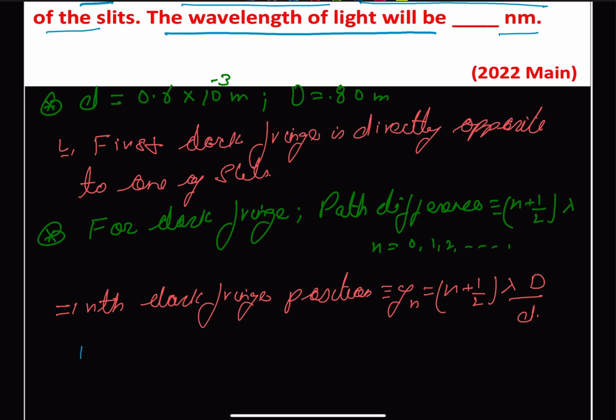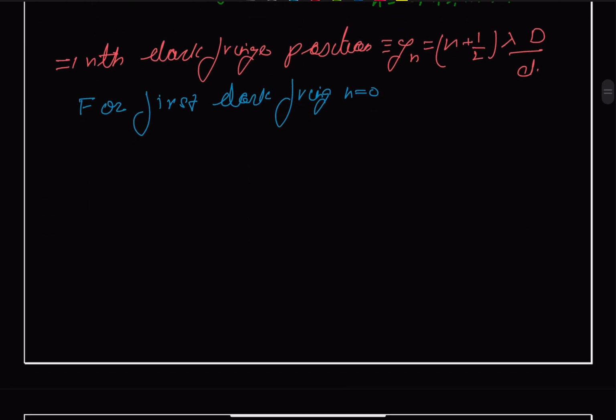And for first dark fringe, we can say value of n is equal to 0. Therefore, we can write that y of 0 will be equal to lambda capital D divided by 2 small d. Okay.